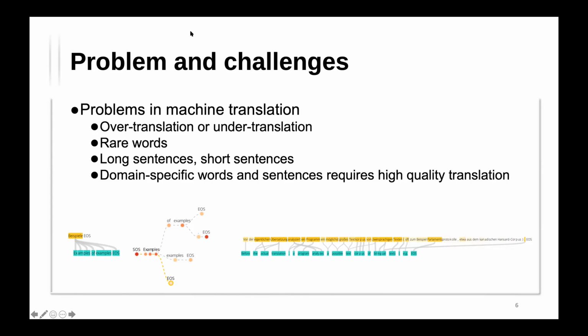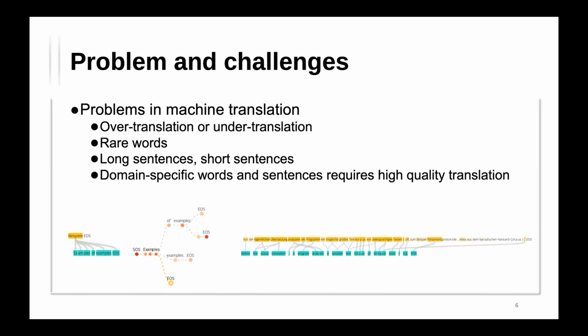The third problem is long sentences and short sentences. It has the same problem as over translation and under translation. In practice, we believe that short sentences are easily over translated, and long sentences are easily under translated. The fourth problem is related to domain-specific words and sentences that require high-quality translation.